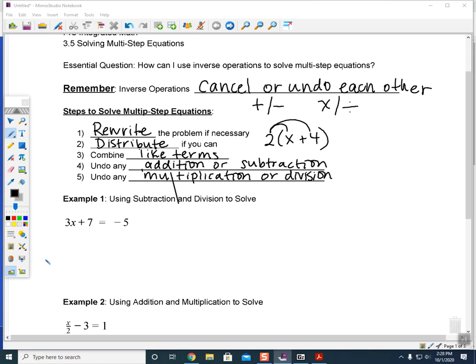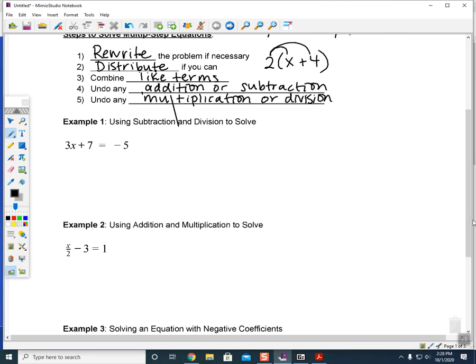My first step is to subtract 7 from both sides. The opposite of addition is subtraction. So I'm going to subtract 7 from here, and also subtract 7 from over there. I get 3x equals negative 12. Negative 5 minus 7 gives me negative 12.